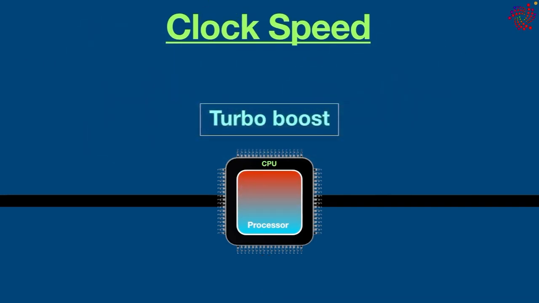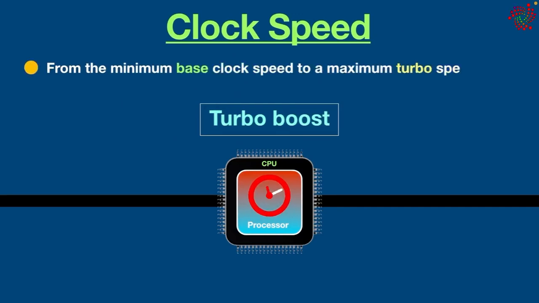Apart from overclocking, turbo boost technology also enables the CPU to safely and efficiently increase the clock speed beyond its usual operating limits. Most modern CPUs work on a range of clock speeds, from the minimum base clock speed to a maximum turbo speed. When the processor encounters a demanding application, it raises its clock speed temporarily to get the job done faster.